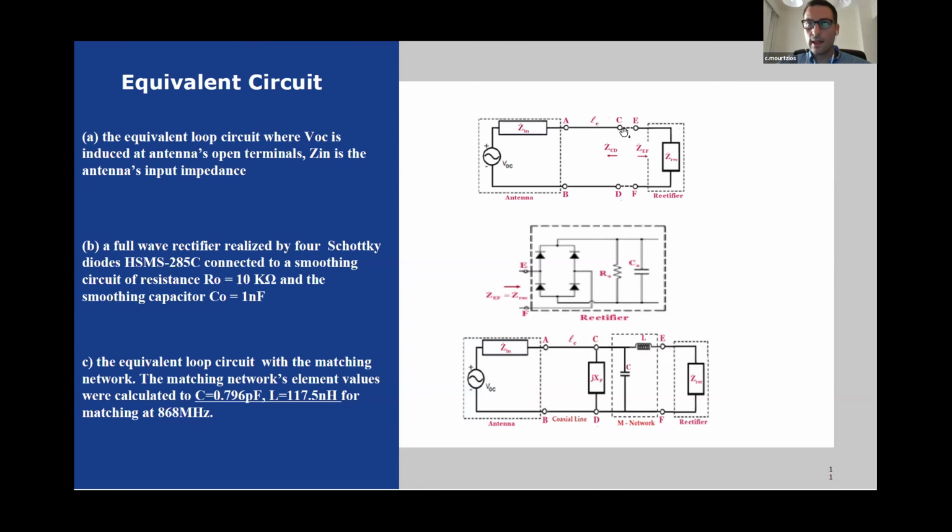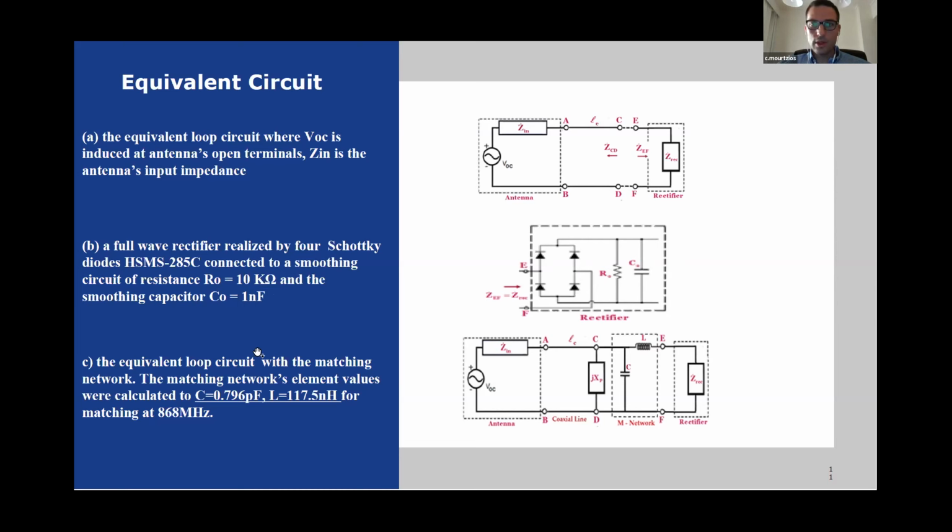This is a coaxial cable which connects the antenna to the rectifier, and Z-rec is the impedance of the rectifier. The rectifier was chosen to be a full wave rectifier, consisting of 4 Schottky diodes, as you can see here, connected to a smoothing circuit of a resistance of 10 kilo ohm and a capacitor of 1 nanofarad.